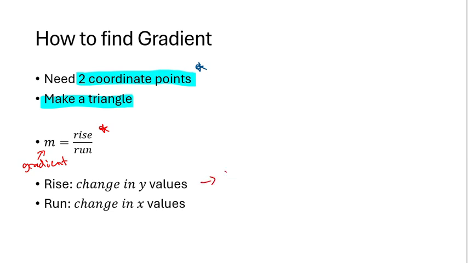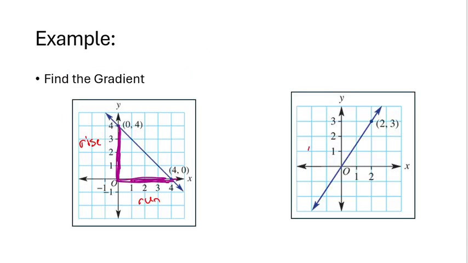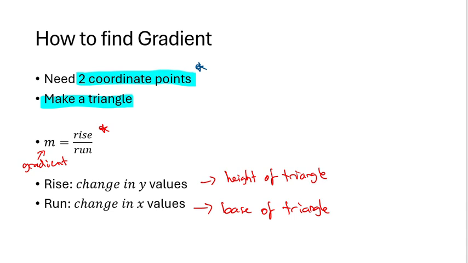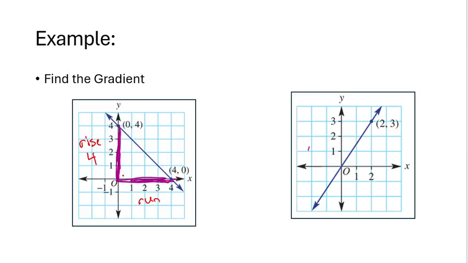Or you could say height of triangle. And you could say this is the base of triangle. So how tall is this triangle here? I can see it's 4. And then for the run, it's a change in the x values, or you're trying to find the base of it. How long is the base? I can see that this is also 4 as well.